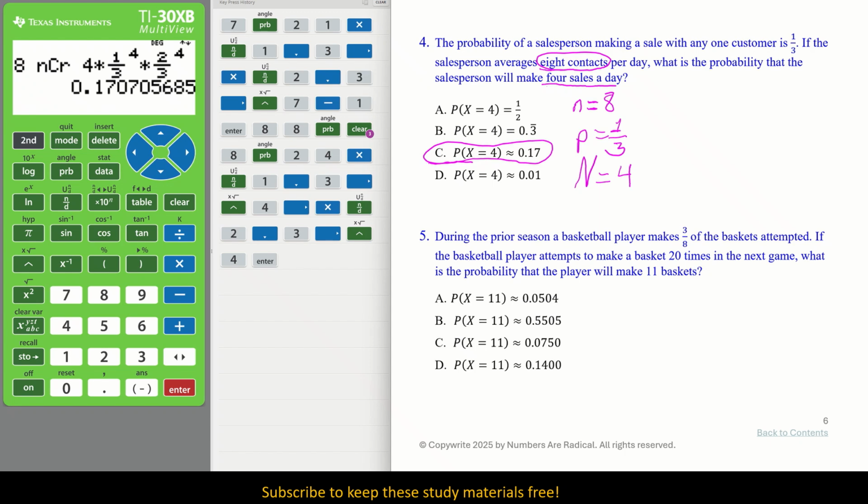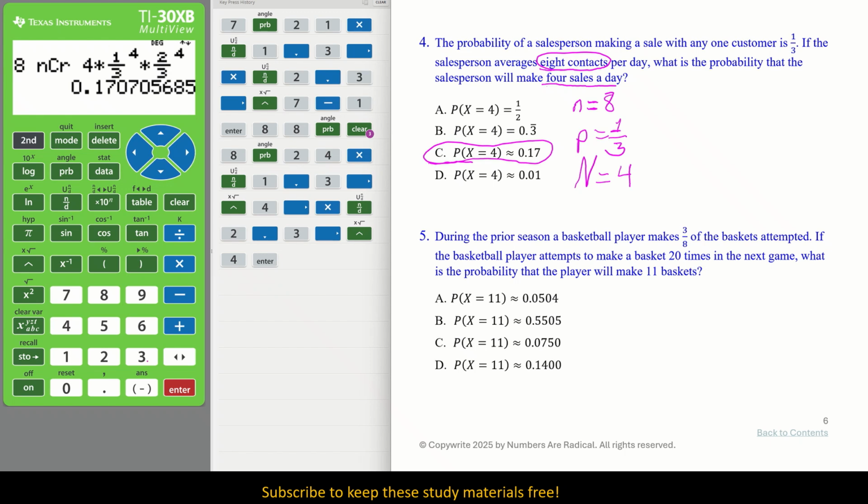During the prior season, a basketball player makes 3/8 of the baskets attempted. If the basketball player attempts to make a basket 20 times in the next game, what is the probability that the player will make 11 baskets? Let's set this up.